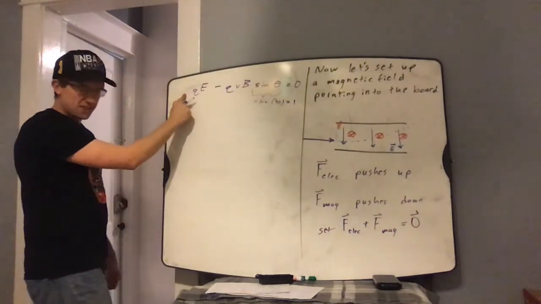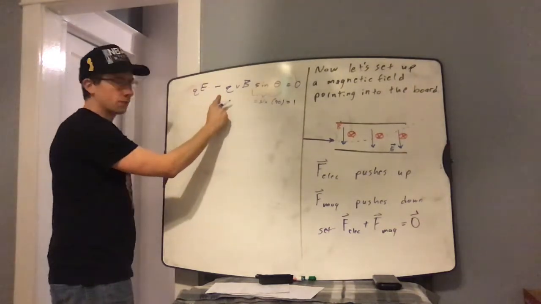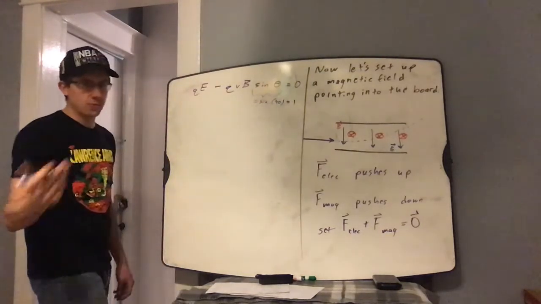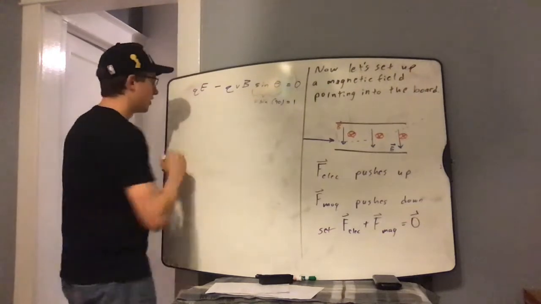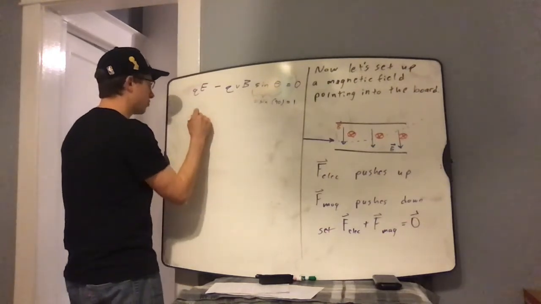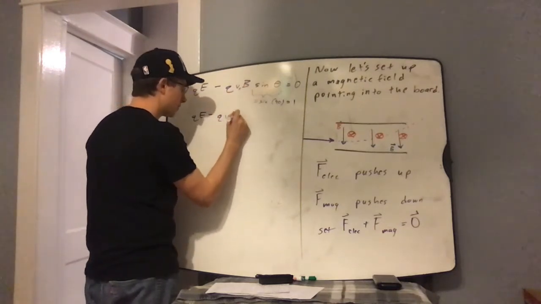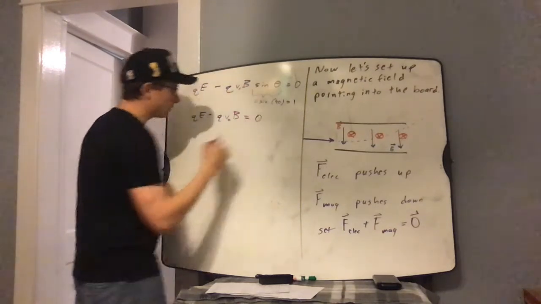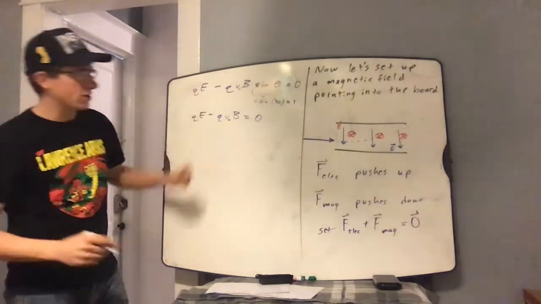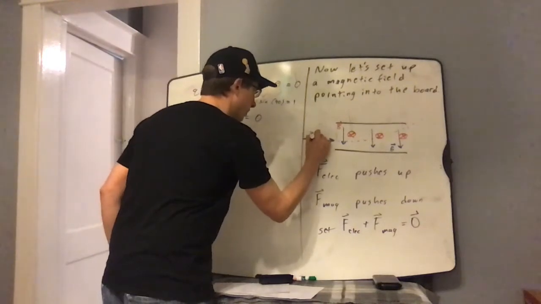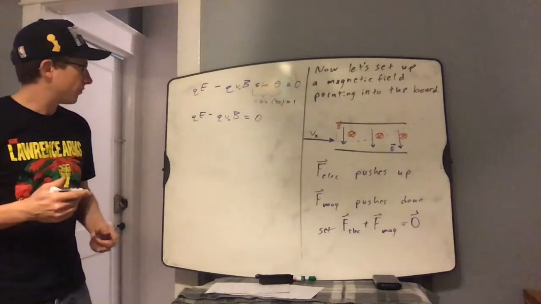So positive quantity because of an upward push from the electric force, negative quantity because of a downward push from the magnetic force, and these two forces cancel, so they sum to 0. So I could write then QE minus QVxB is equal to 0. I also included the subscript x here because that's the electron's initial velocity in the x direction, and this number never changes.